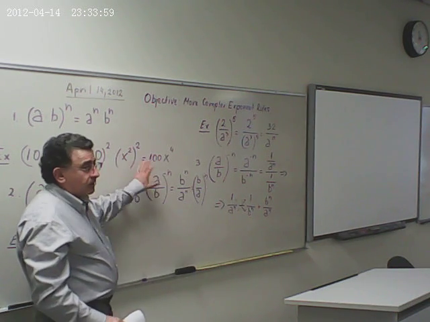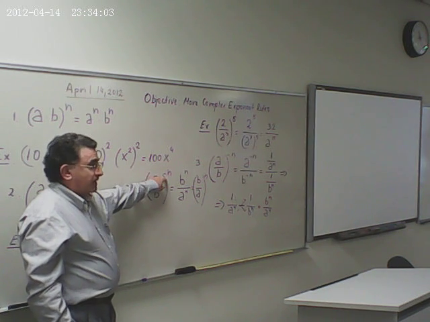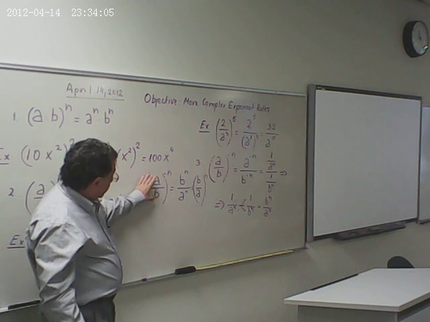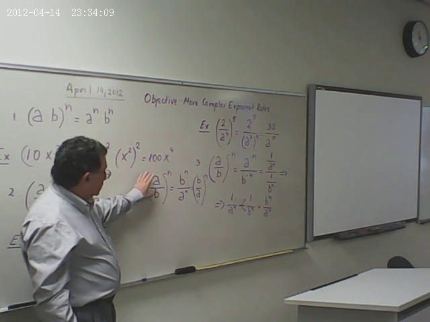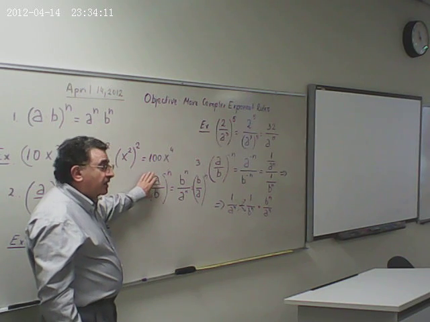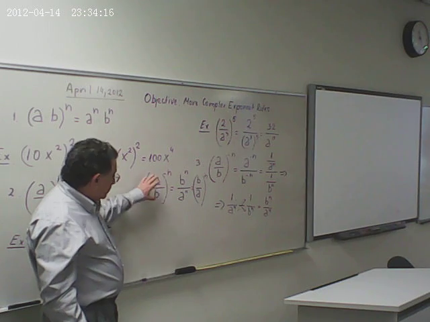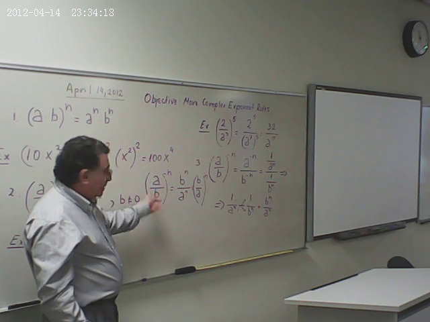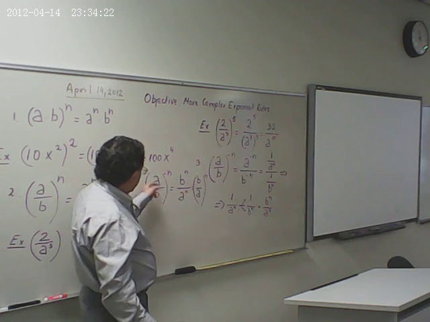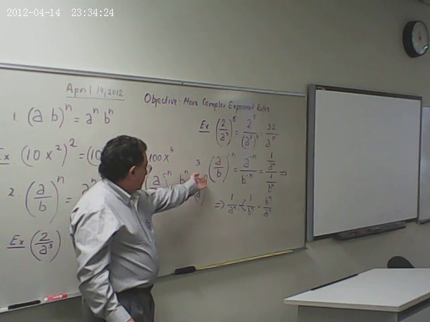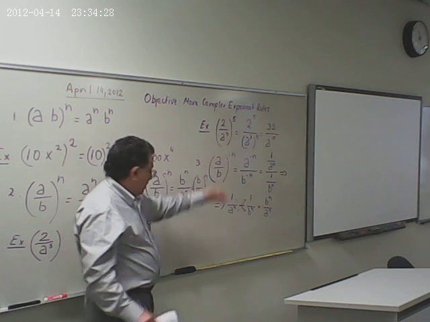So you can flip the inside expression, the rational expression or algebraic expression, upside down, right? Denominator becomes numerator, numerator becomes denominator, and it is raised to the positive exponent n.